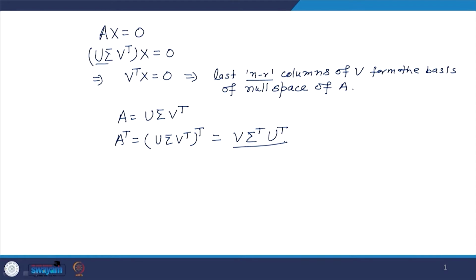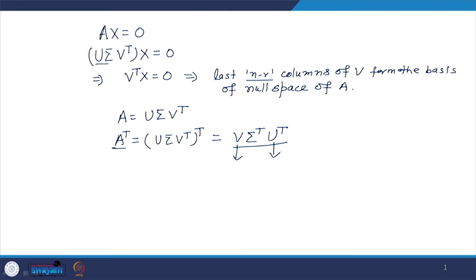In a similar way, the range space of A transpose is given by the first r columns of V, and the null space of A transpose is given by the last m minus r.